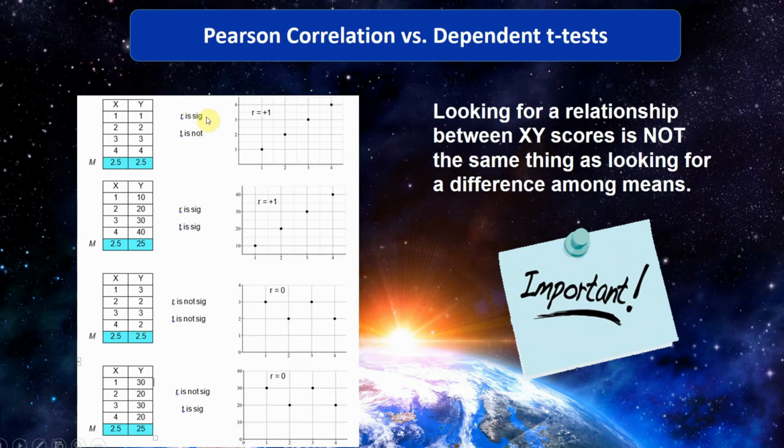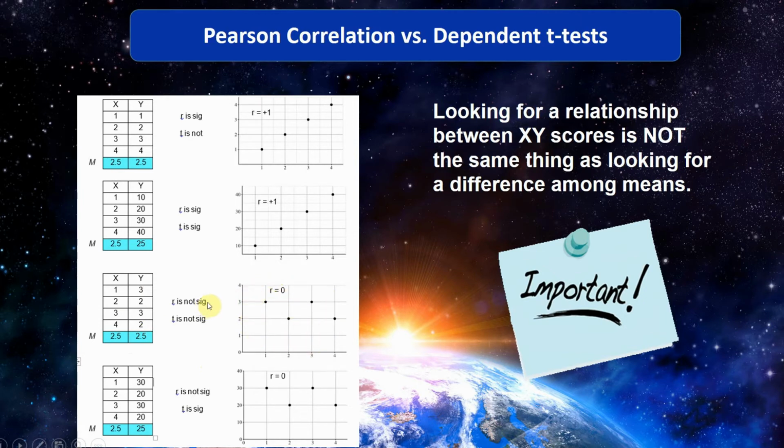Here, R is significant, but the T is not. Over here, R is significant and T is significant. And look at all these remaining possibilities. Here, the difference between the means would be not significant. T is not significant. And if we plotted the XY pairs, we would see that the correlation is right around 0.